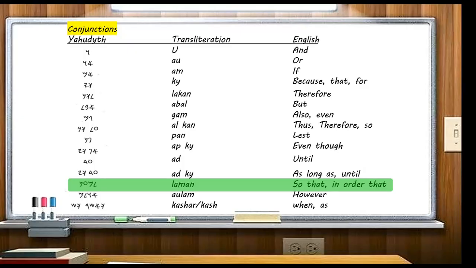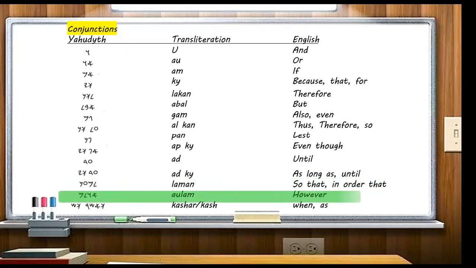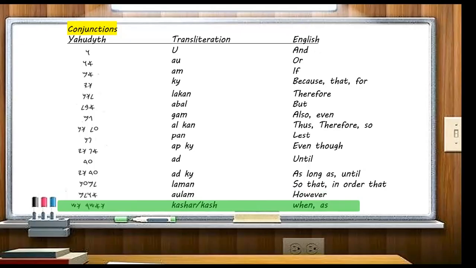Then we get to however, which is reflected as aulam, however, aulam. And finally, we have when or as, and you may see kashar, which is kaf, alaf, shan, rash, and you may also see the kaf and the shan.